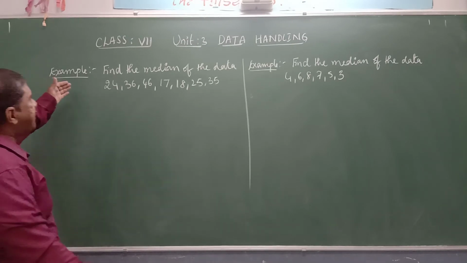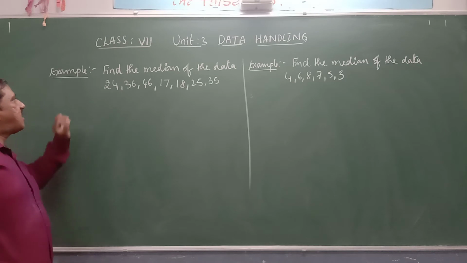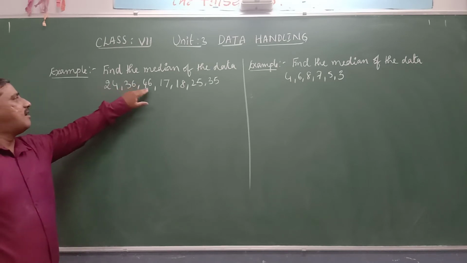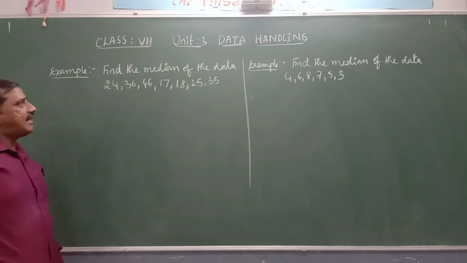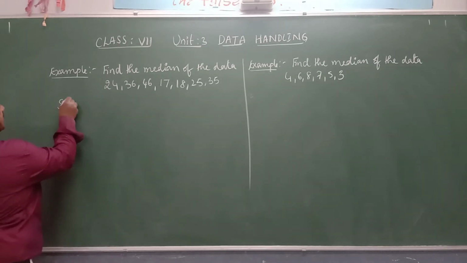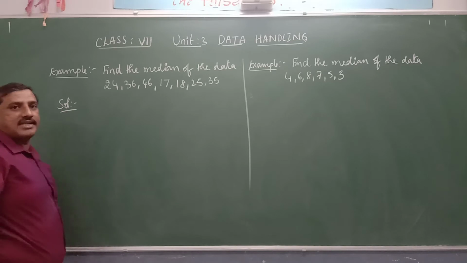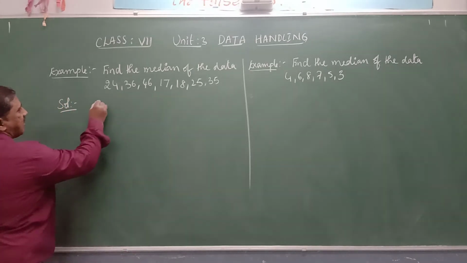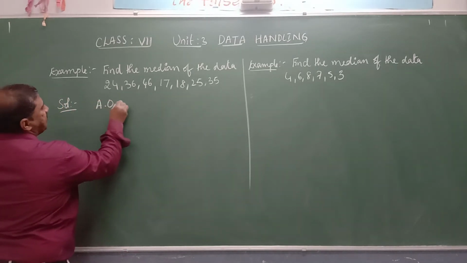Now we will discuss an example. Find the median of the data 24, 36, 46, 17, 18, 25 and 35. So first step is write the data in the ascending order or in the descending order.